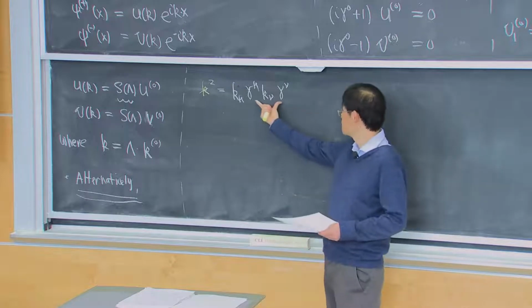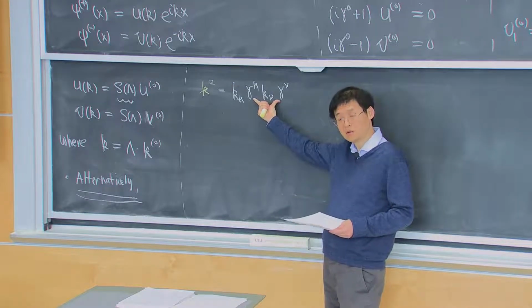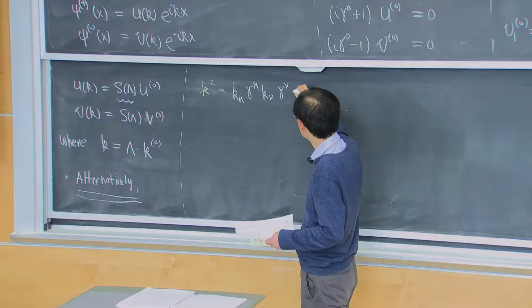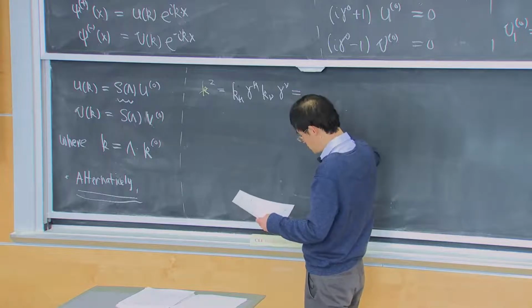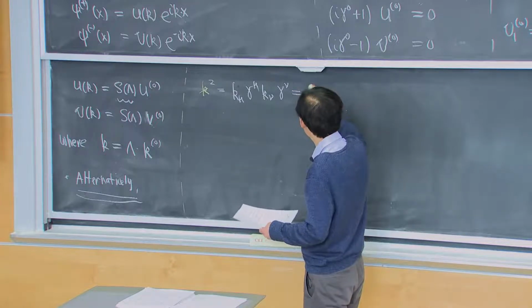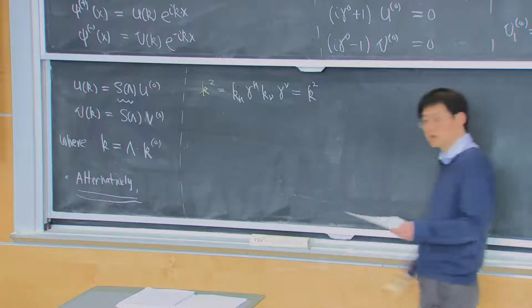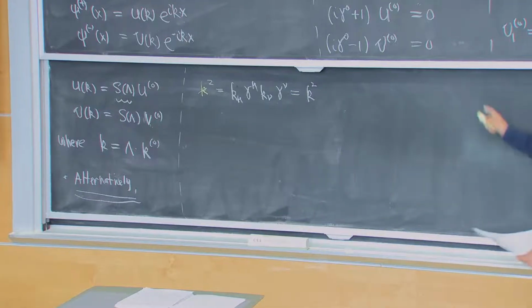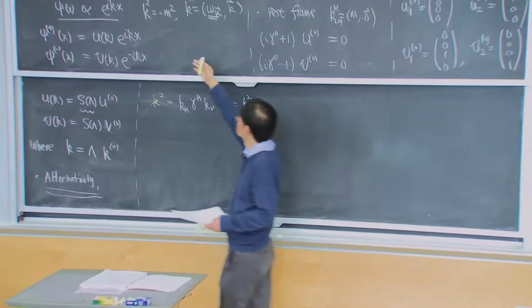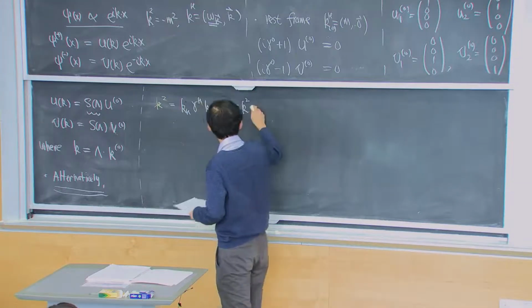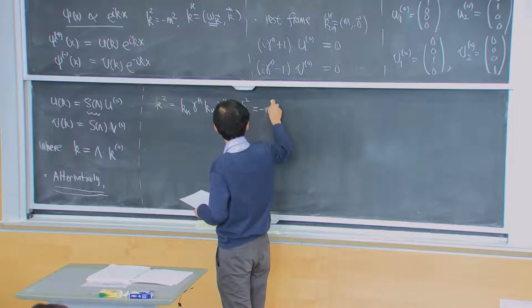Then you use the properties of γ^μ and γ^ν, and you can easily convince yourself this just gives you k squared. Because we are looking at the on-shell solution, this is just equal to minus m squared.